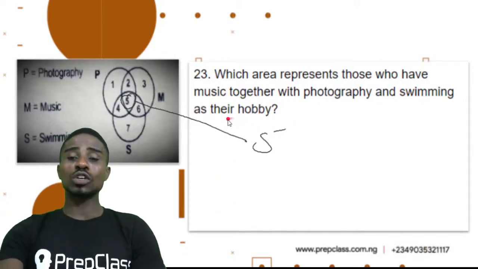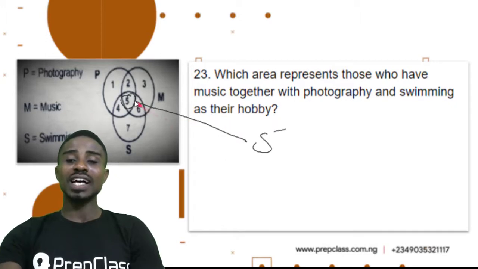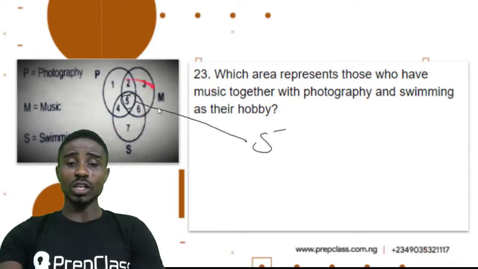In this question, we need to select an answer that has to do with all of the 3 and does not exclude any one of them. If you look at all the numbers, there's only one number that has to do with all of the 3. Number 2 has only to do with photography and music.